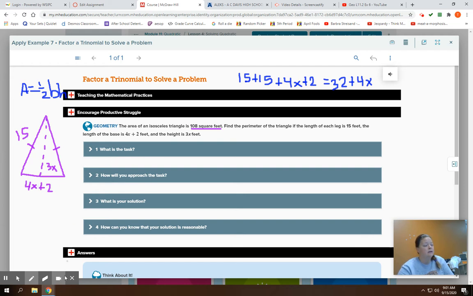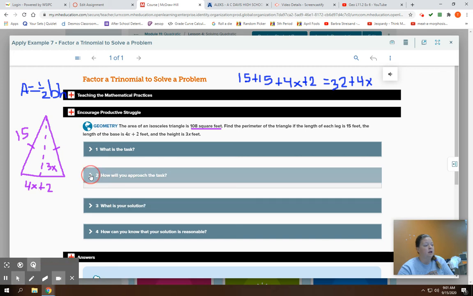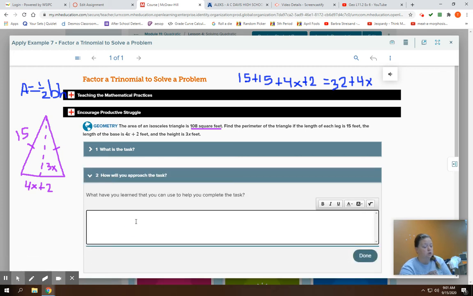So if we think about how we will approach this task, we're going to use the area formula to find x. Then we will use x to find the perimeter. Okay, so we're going to solve two problems. We're going to solve the area problem, and then we're going to solve the perimeter problem.